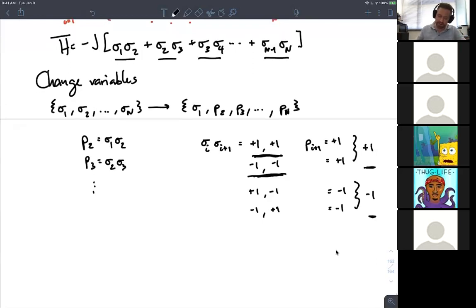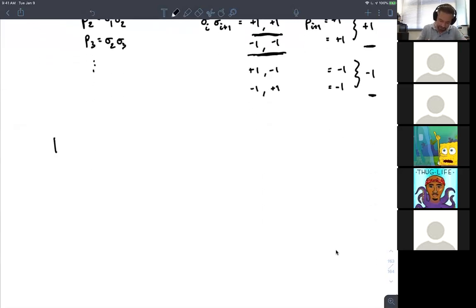So our Hamiltonian expressed in terms of these P variables is simply minus J times the sum of all P_i from i equals 2 to n. Okay, so that's our Hamiltonian. I think this really is where we left off on Wednesday. So now we're going to start doing new stuff.